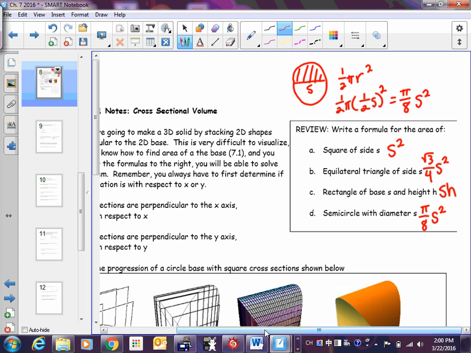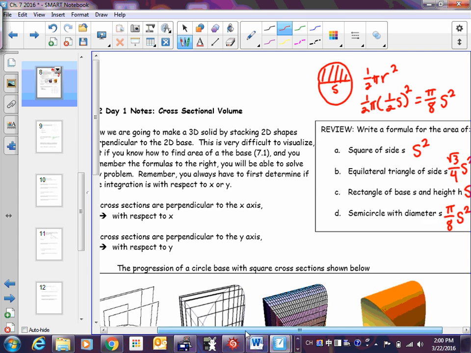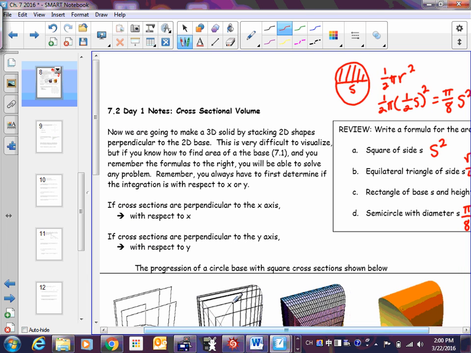All right, as far as what S means in the problem, I'm going to get to that part in just a minute. Remember also, like how we did with area, we have problems that are with respect to X and with respect to Y. With area, you got to choose, and I had told you that pretty much any problem can be done either way. When we're doing this cross-sectional volume stuff, you're going to be told if the cross-section should be perpendicular to the x-axis or to the y-axis.